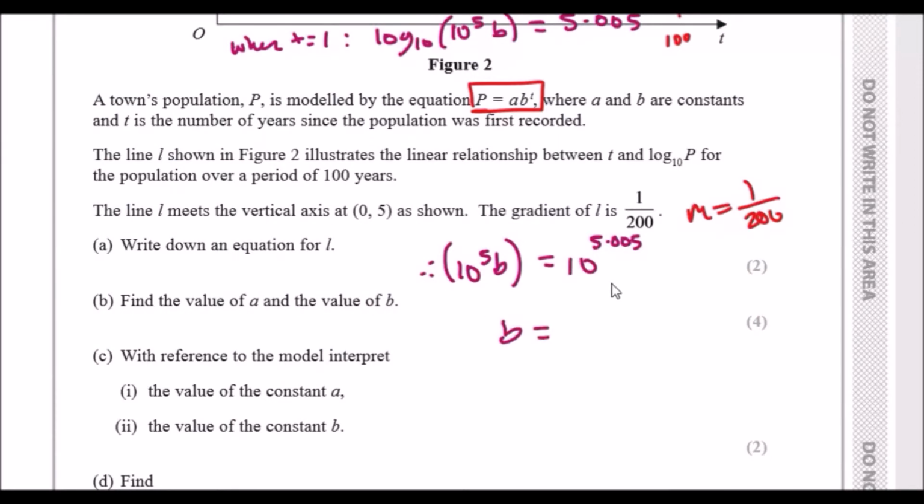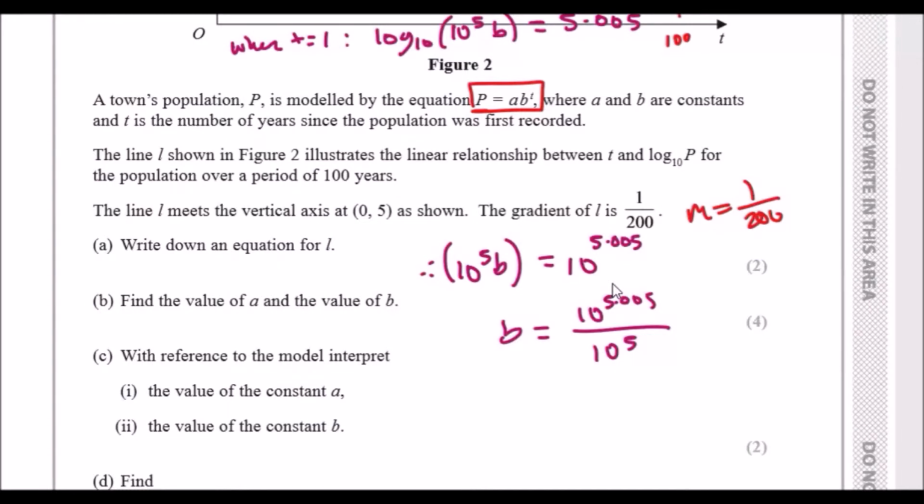Okay, not bad. Now finally, just to solve this one, just divide 10 to the power 5 across, and you're left with b equals 10 to the power 5.005 over 10 to the power 5. And doing that in your calculator, you should get about 1.011. Now this one, I'm not sure they want it in exact form because they don't specify.